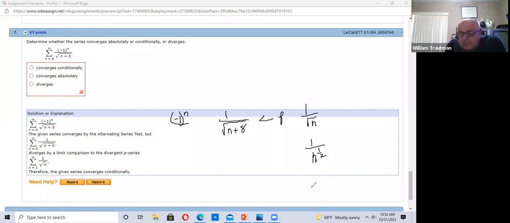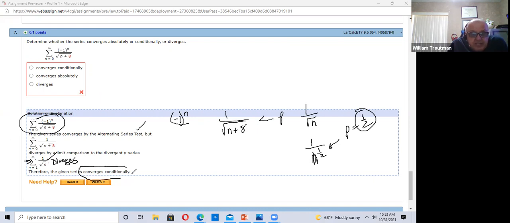And once again, that's the p part. p equals 1/2, so this part diverges because p is between 0 and 1. The alternating part converges, and it gets smaller and smaller as you increase n. So this part passes, but this part does not. So once again, we say it converges conditionally.